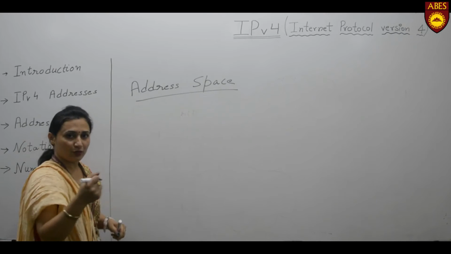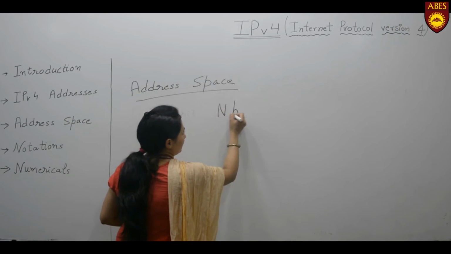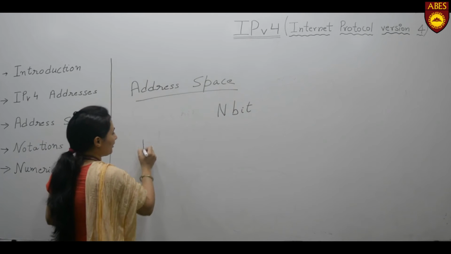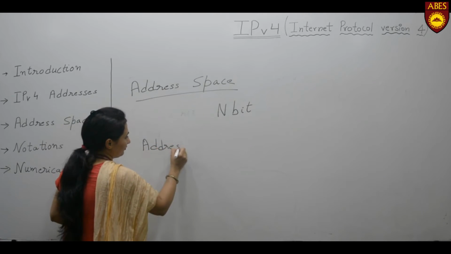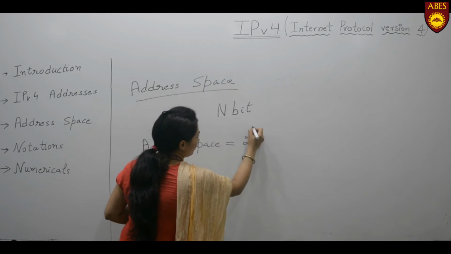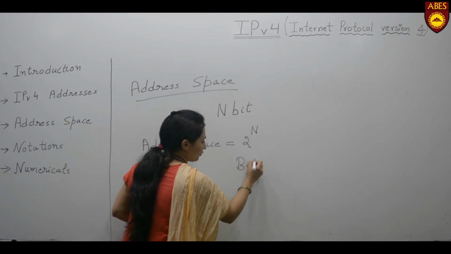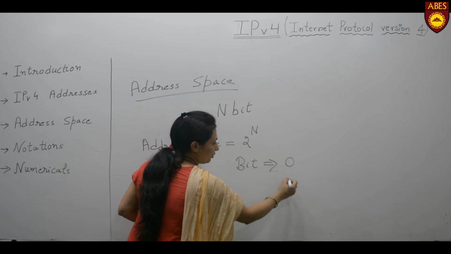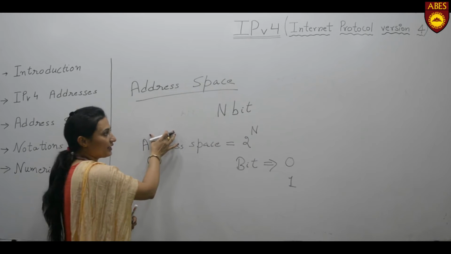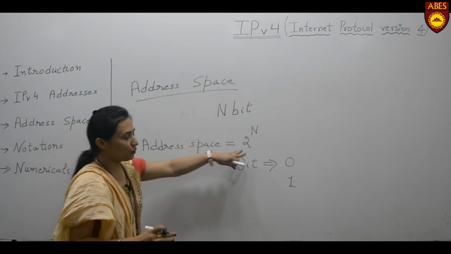For example, in a general case, if a protocol has an n-bit address, meaning it can define an address of size n bits, then the address space will be given by 2 raised to the power n. Why? Because a bit can have two values, either 0 or 1. So if a protocol defines an address by n bits, then the address space for that protocol will be 2 power n.